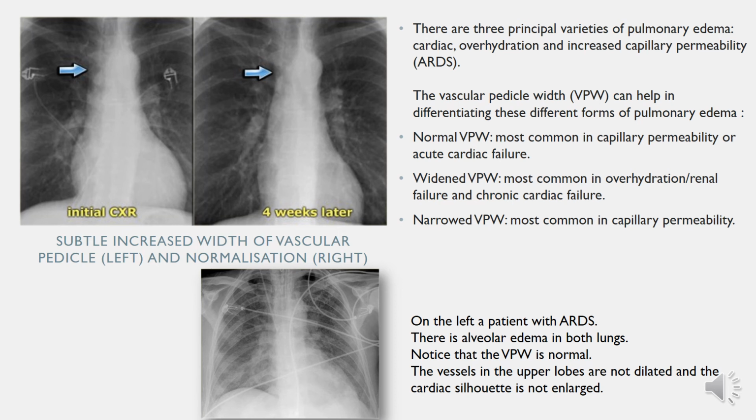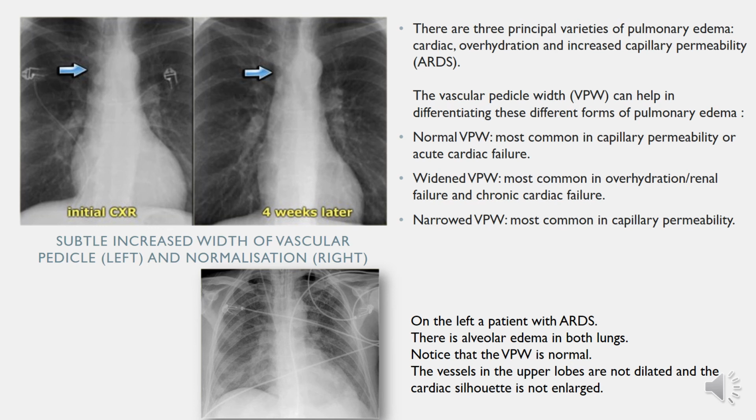It's most common in capillary permeability or acute cardiac failure. Second one, widened vascular pedicle width, most common in overhydration, renal failure, and chronic cardiac failure. And finally, we have narrowed vascular pedicle width, most common in capillary permeability.